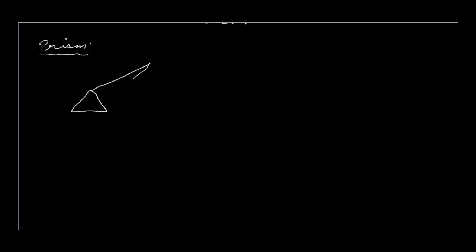We'll put another triangle here, and we'll just connect these up. So this is going to be our prism. So a prism here is a three-dimensional solid, so it's a 3D solid.